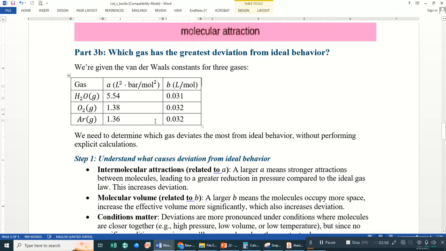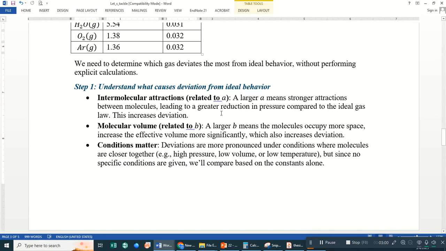Basically, first we learn what a is and what b is. a is related to the pressure correction, and the value of a is directly related to the intermolecular forces. If the molecules of a gas have a stronger force of attraction, the value of a will be larger.